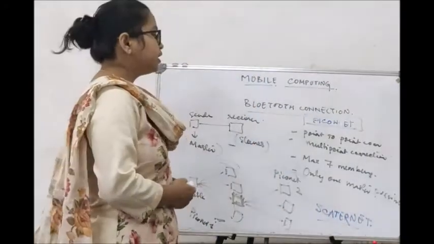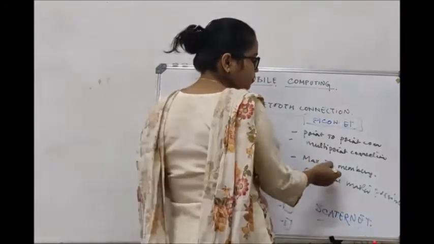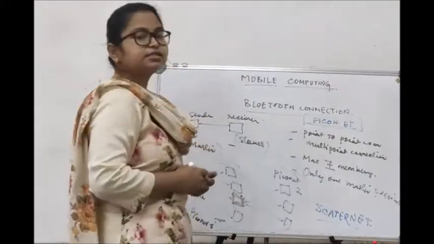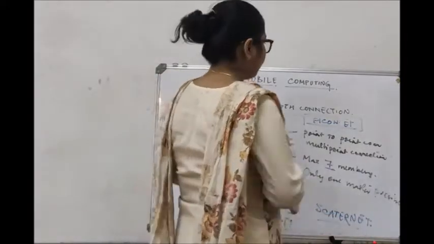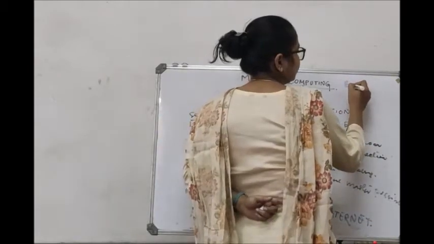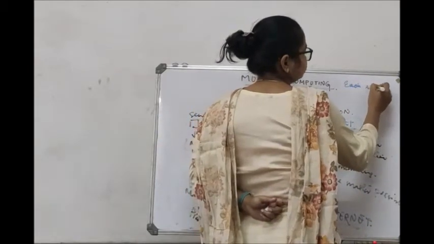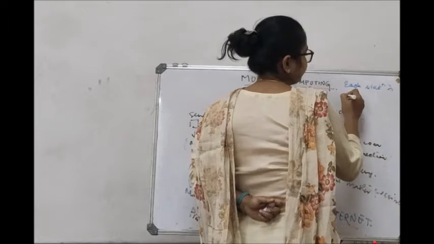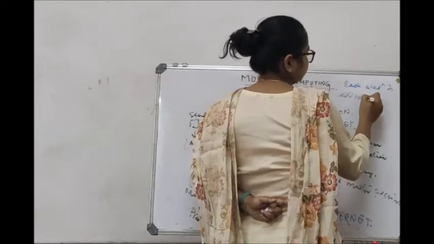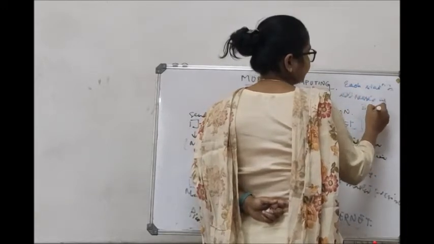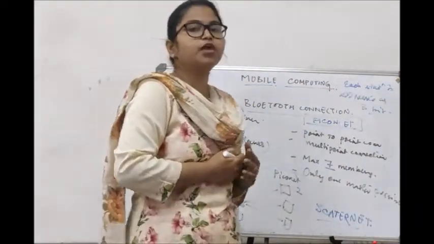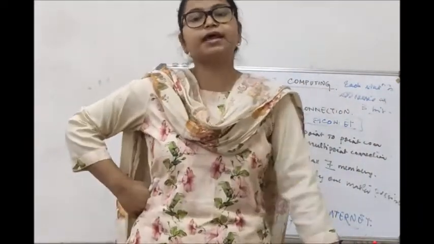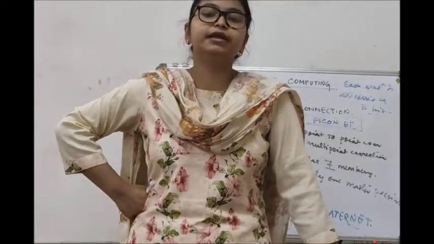Now, since in a piconet we can have a maximum of 7 members, each station is addressed by 3 bits. Why 3 bits? In the binary system, to represent 2 to the power n entities, we need n bits.